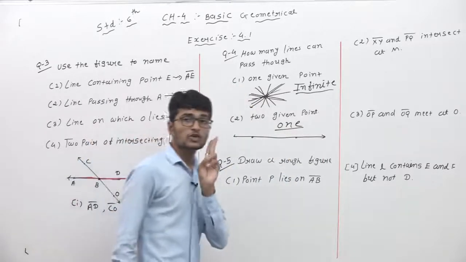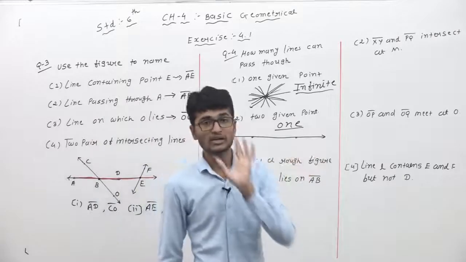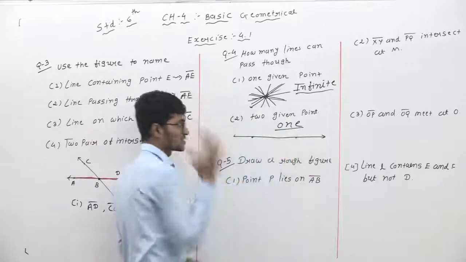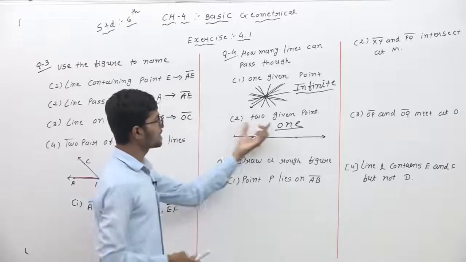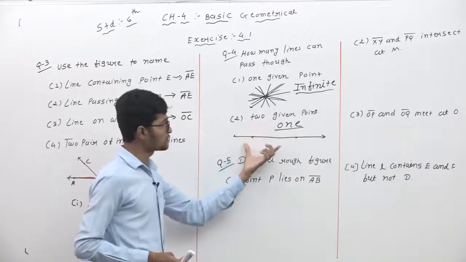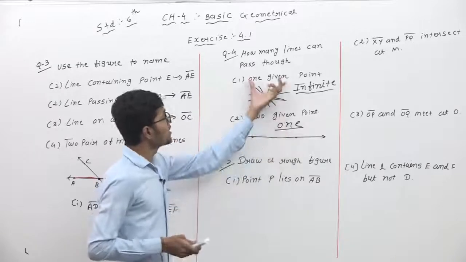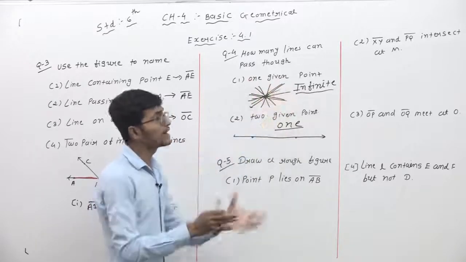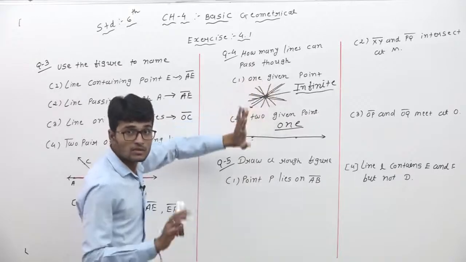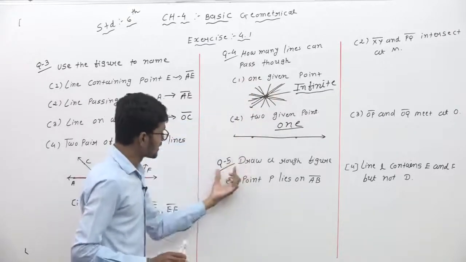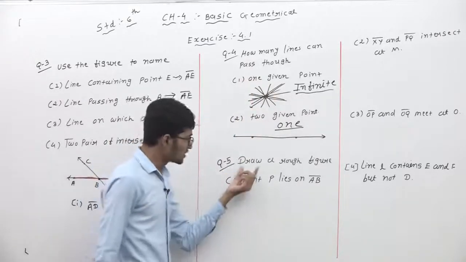If two points are given, only one line passes through them. You can pass only one line, and there is no other line to try. So through two given points only one line passes, and through one given point infinite lines pass. Understand this question's answer? Clear?